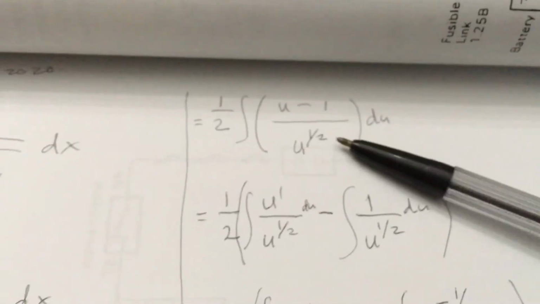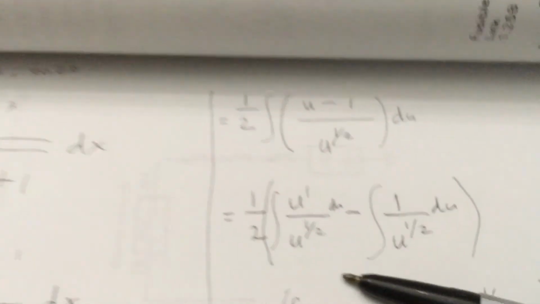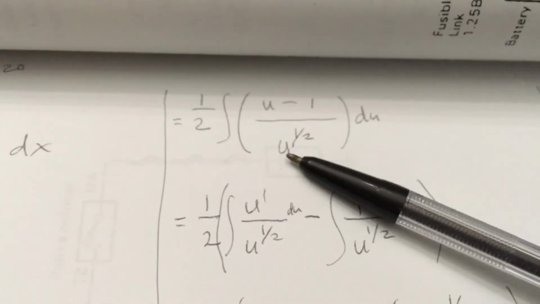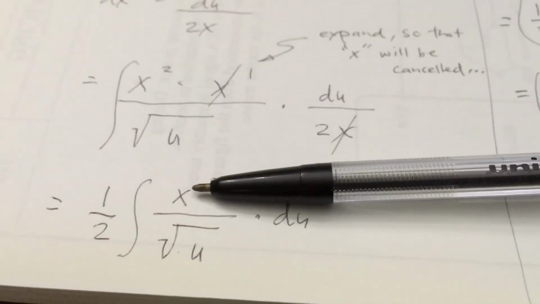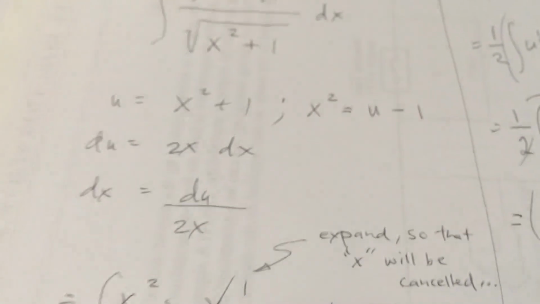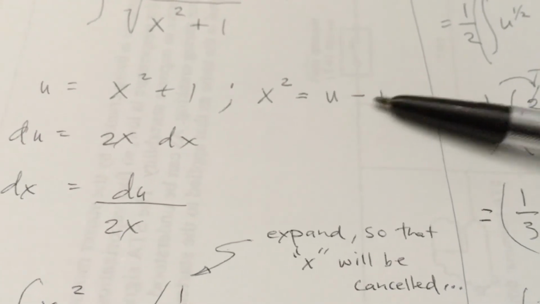The next step will be, we are going to convert the square root sign to raised to the 1/2. And after that, assign the value of x squared. As you can recall, x squared is equal to u minus 1.